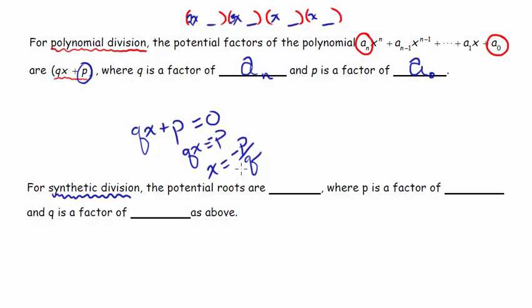Since we're not concerned about this negative right here, because either of these factors could be positive or negative, for synthetic division the potential roots are going to be p over q, where p is a factor of a naught, our constant term, and q is a factor of a sub n, our leading coefficient.